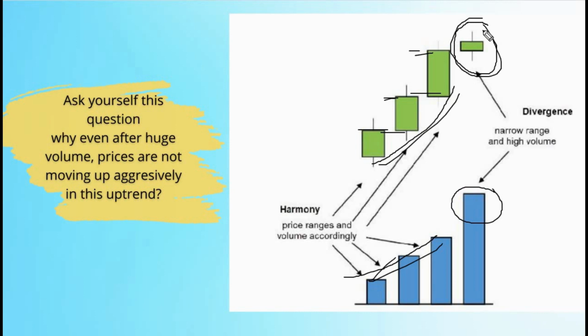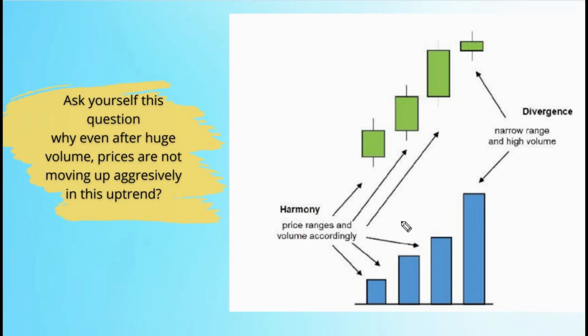So this is indicating that at this price area sellers are coming into the markets, that is the market makers or the institutions, because this kind of volume is formed only by the institutions or the market makers. Retailers can't form this kind of huge volume because they don't have the money. So this is a very, very important concept.